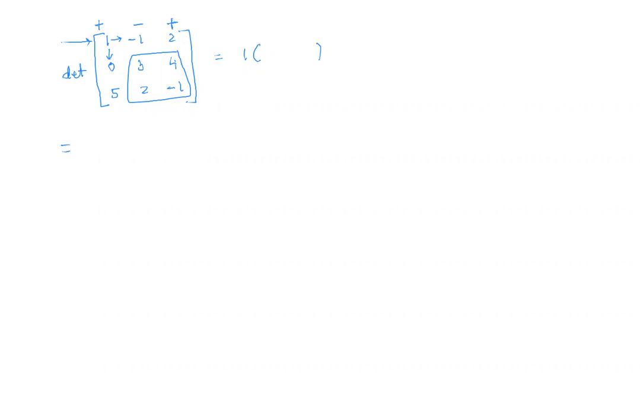Then you're left with this stuff in the box. Find the determinant of it. So what is the determinant going to be? 3 times -1 is -3, minus 4 times 2 is 8. That's what you will do.